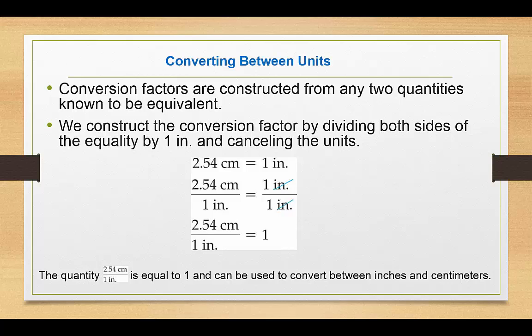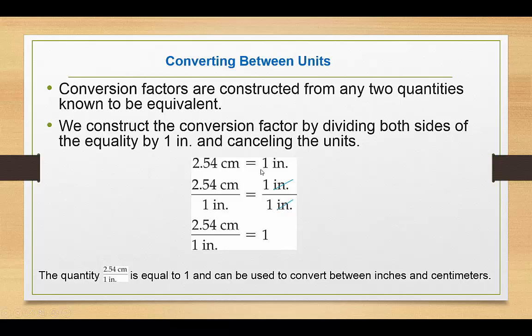Okay, so maybe a little more palatable. And he talks about those conversion factors, about how you have something equal to 1. So you can construct a conversion factor by making sure that when you divide both sides of the equality by each other, it ends up being 1.